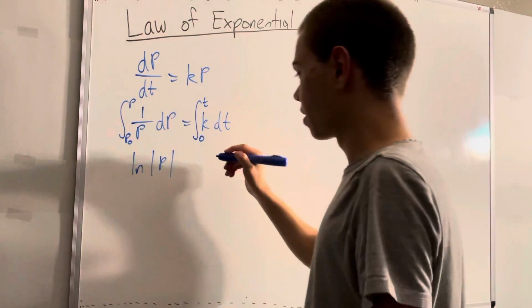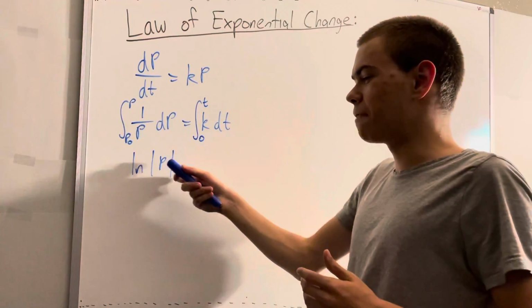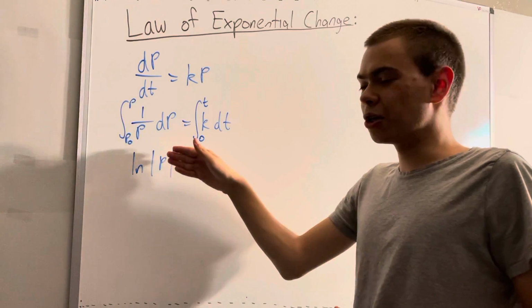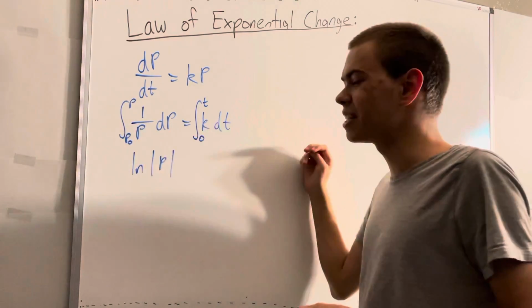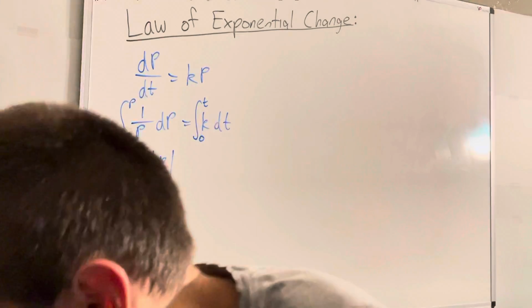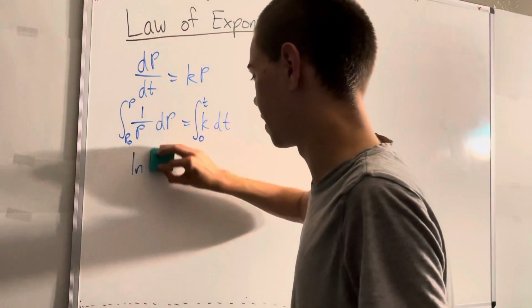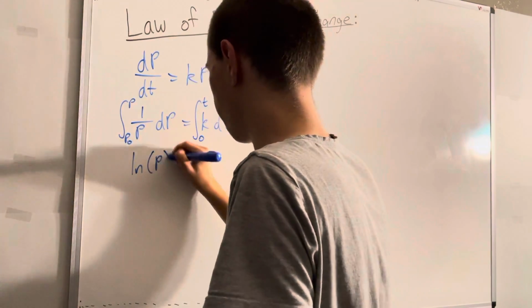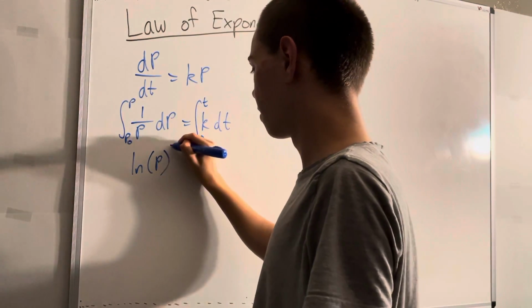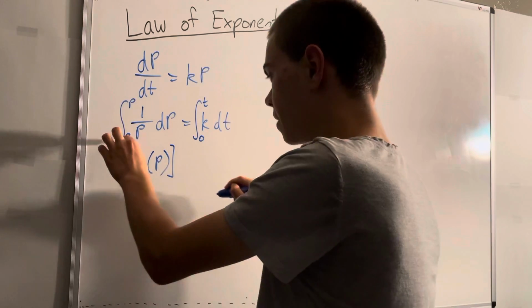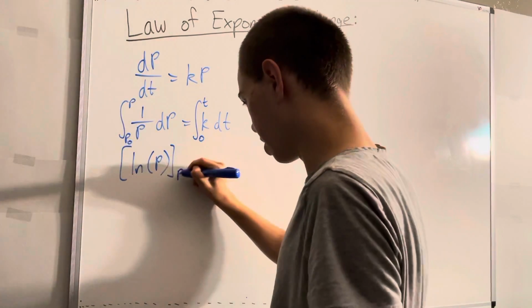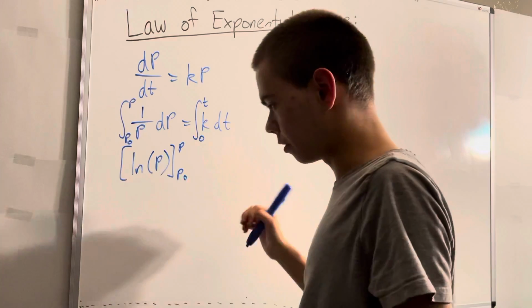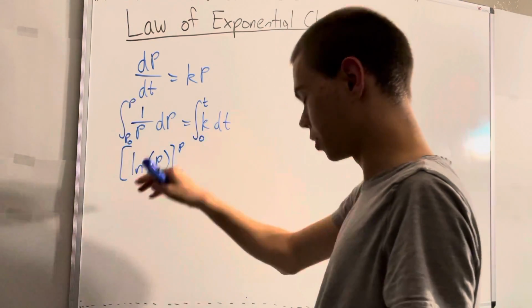The value of p is always positive because a population is always positive, so we don't need the absolute value signs. I'll get rid of those, and it's just the natural log of p. Remember, we're integrating this from p0 to p, so those are our bounds of integration. We're solving a definite integral.